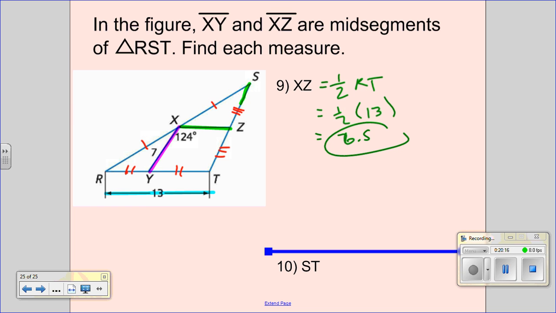ST is parallel to XY, and XY is the midsegment, and it's 7. So now figure out the value of ST. That's all I'm going to tell you. Good luck and work it out on your own. This concludes your notes for today.